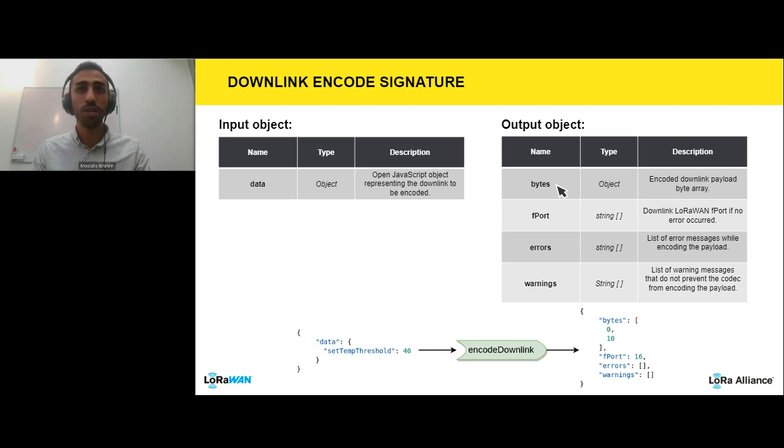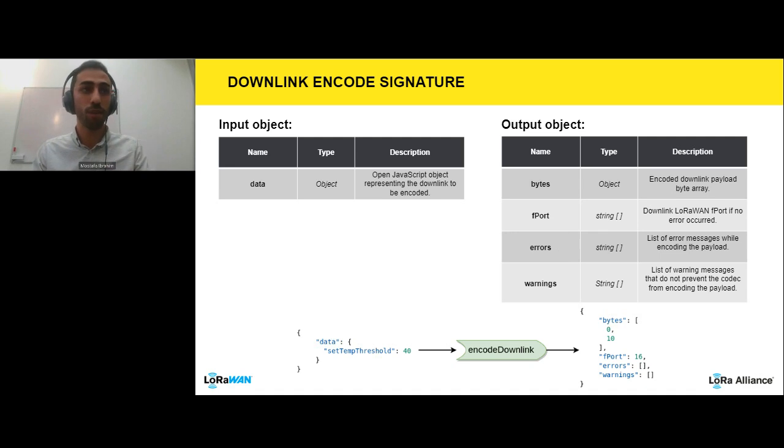Bytes, which is an array of encoded data represented by bytes, again, an integer between 0 and 255. And this is only mandatory when success, and the F port will also be mandatory with it. There is errors, and this one is mandatory only when failed.